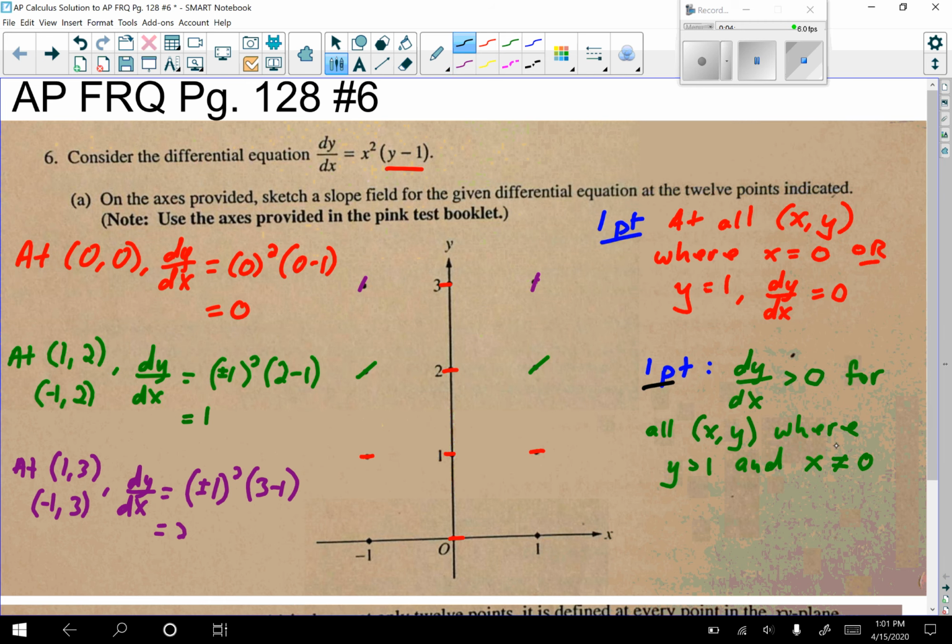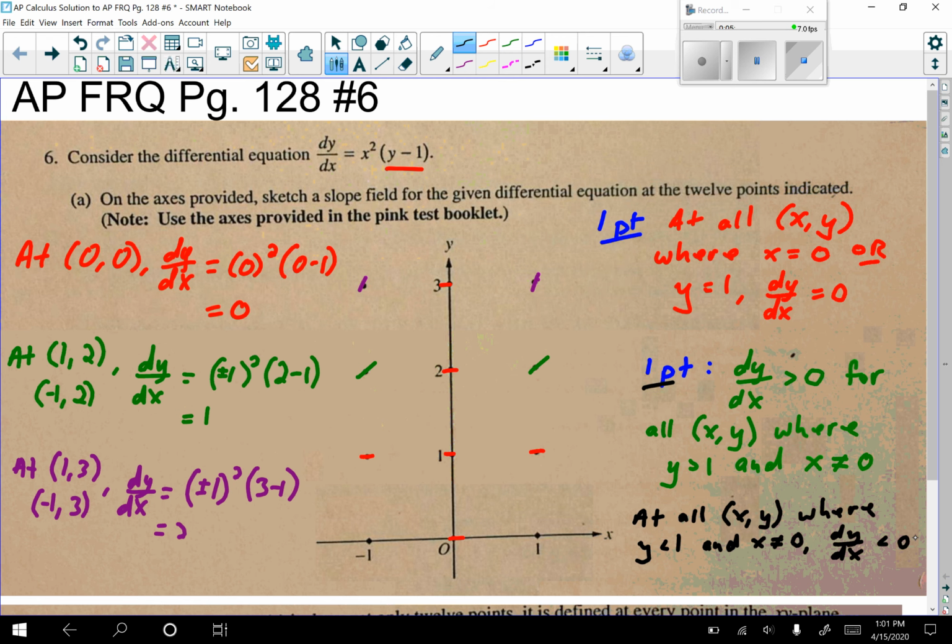So even though we wrote this out here, we still get our second point as a combined point from writing out where the slopes are positive and negative. So we'll say at all points x, y, where y is less than 1, and again, x is not equal to 0, dy over dx is negative.